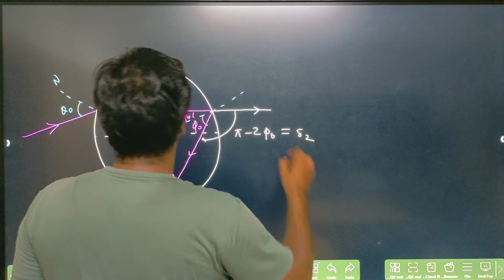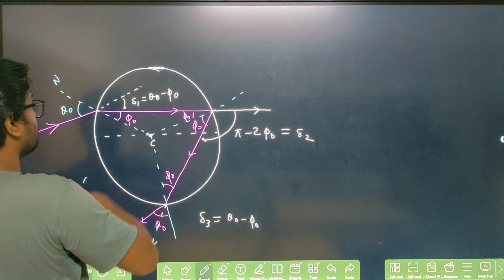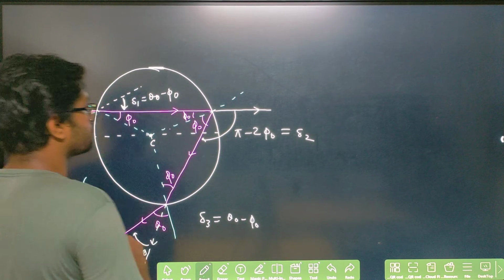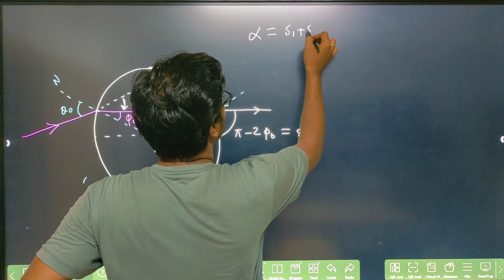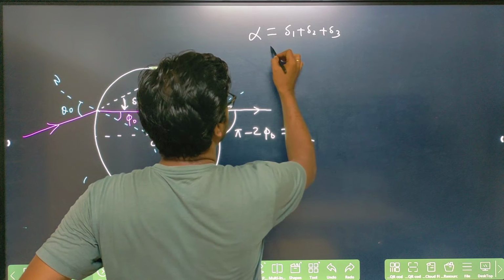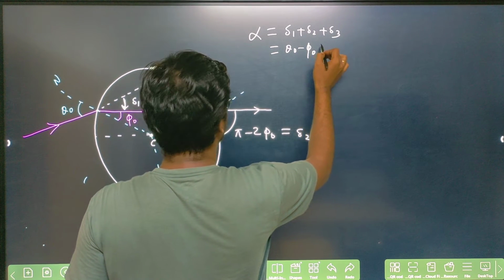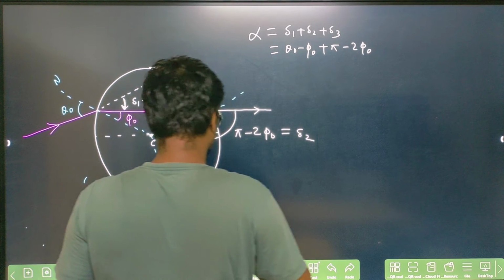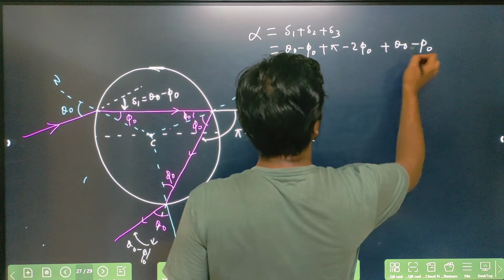So what will the net deviation be? Everything I have taken in the clockwise direction, right? If you see, it is clockwise, it is also clockwise, everywhere it is clockwise. So for the net deviation they have given alpha equal to delta 1 plus delta 2 plus delta 3. So it will be theta naught minus phi naught plus pi minus 2 phi naught, plus theta naught minus phi naught.